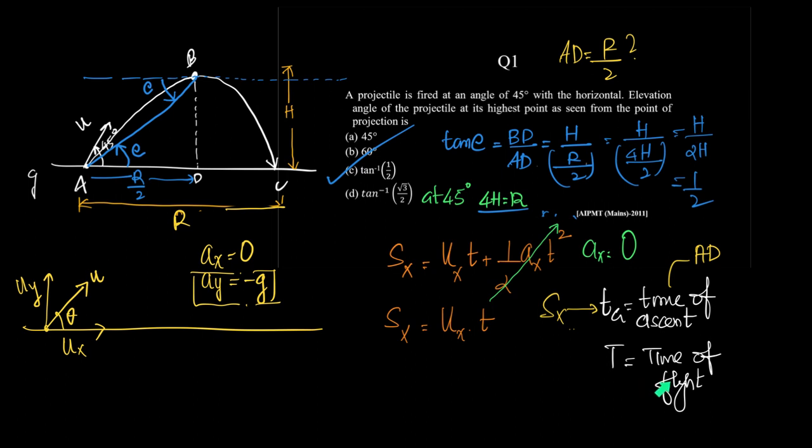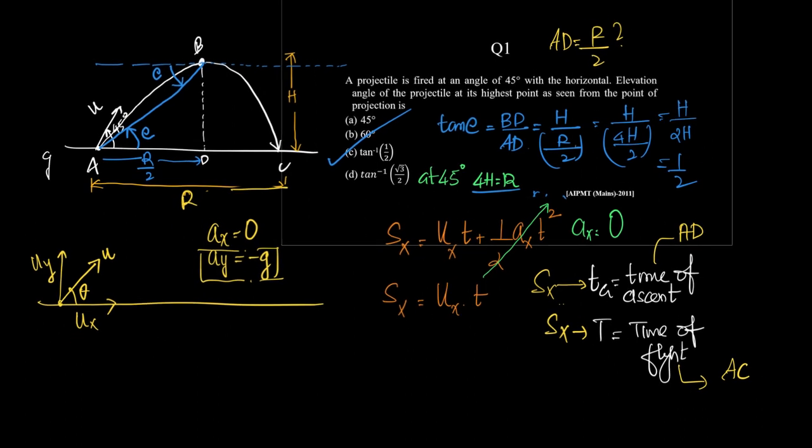Similarly, when we say time of flight, it means the entire motion from A to C. The initial position is A and the final position is C, and therefore what will be the final displacement? Final position minus initial position, which is AC. So the horizontal displacement during the time of flight, Sx, would be equal to AC.